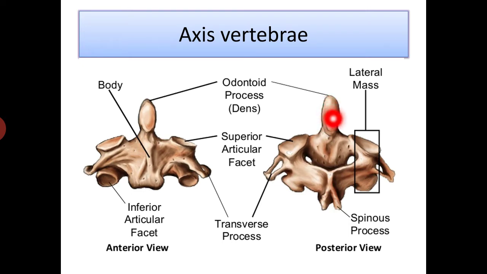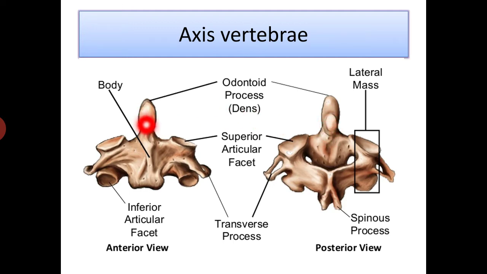Now the superior surface of the body is fused with this dens part, and on each side it is encroaching on the superior articular facet. So on the lateral side of the body you will find the superior articular facet. Okay, the dens articulates anteriorly with the oval facet on the posterior surface of the anterior arch of the atlas.